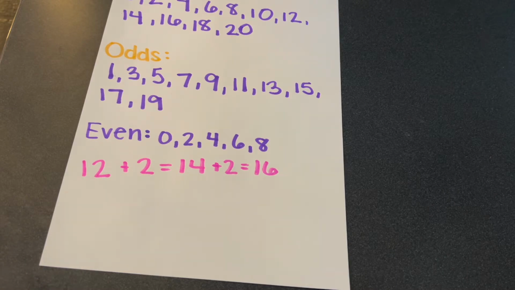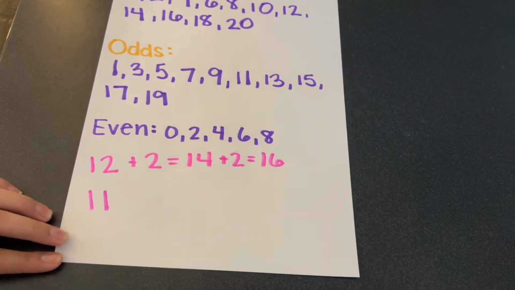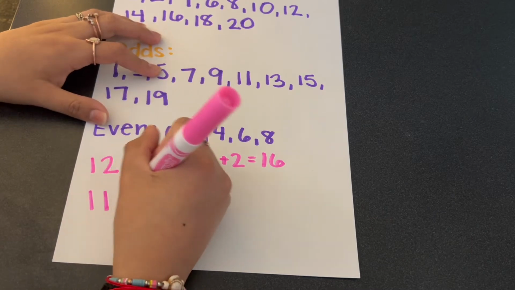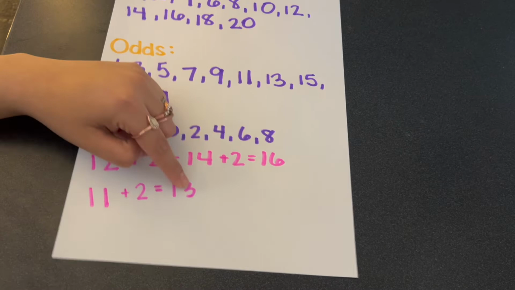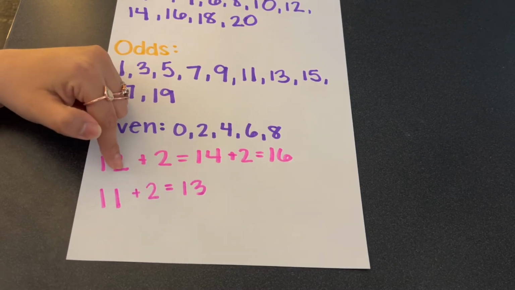Well, this rule also applies for odd numbers. So let's say we know that 11 is an odd number, and we know this for sure. If we added 2 to it, we get 13. We also know that this is an odd number because we added 2 to another odd number.